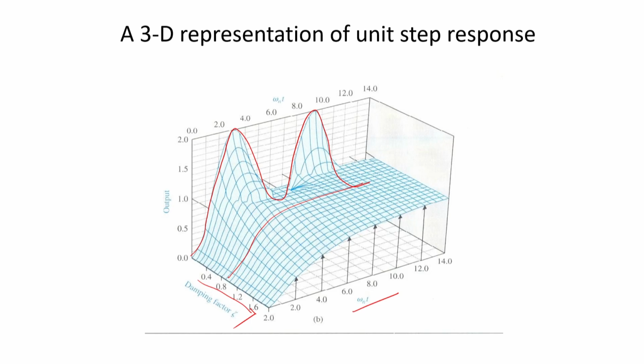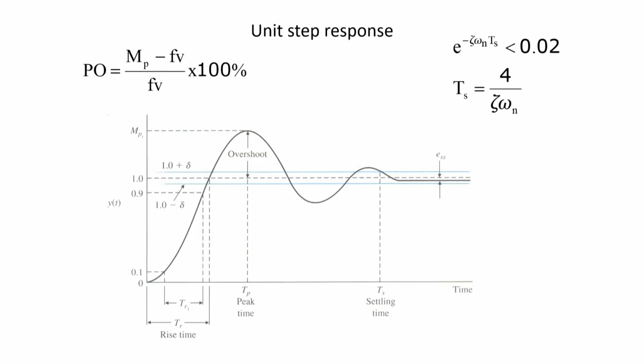Now, what is important for us is that take any such time slice and then you have to define some basic 5 specifications of the system. In all, I will talk about 7 specifications, but 5 we can define through these unit step response of the system itself. What are these 5? First one is the rise time.